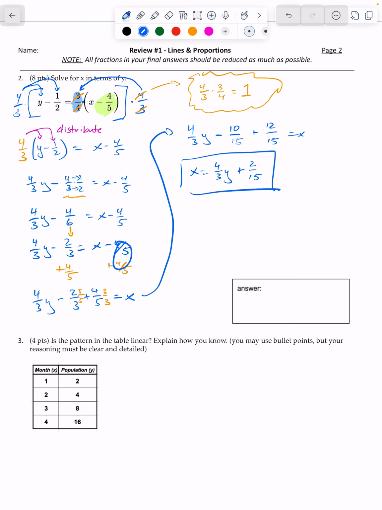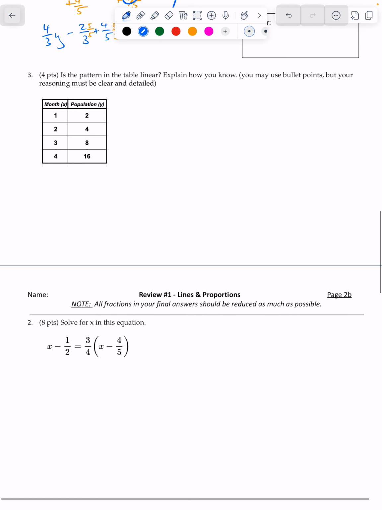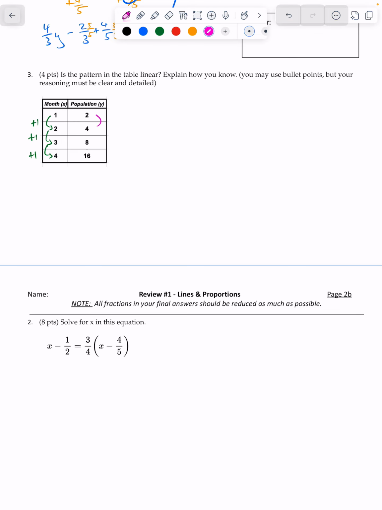That's what I got. All right. And then is this a linear pattern in this table? Well, let's take a look at it here. So we're clearly plus 1, plus 1, plus 1 there. That's easy. This is plus 2, plus 4, oh, that's not good, plus 8.